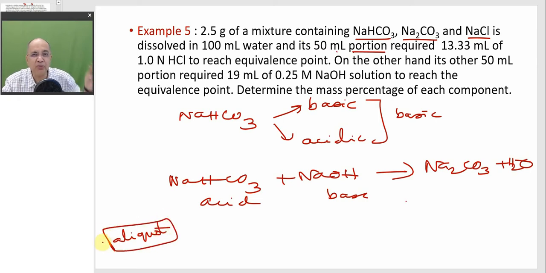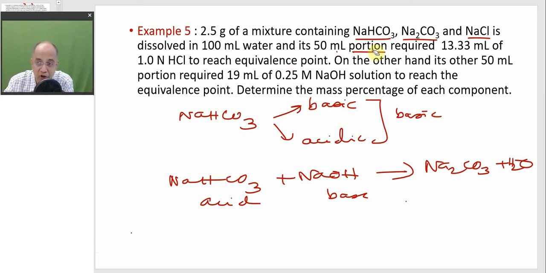Aliquot means a small portion used for titration again and again, taken from the same stock solution. So 50 ml from this stock solution required 13.33 ml of 1N HCl for equivalence point.